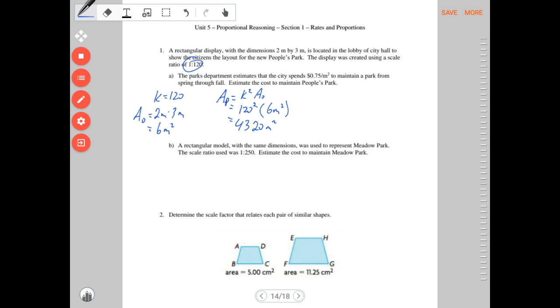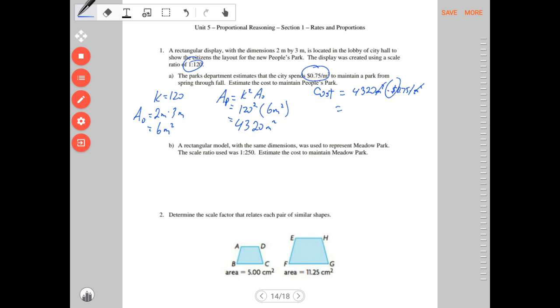That's the area of the park. But to maintain the park, it costs 75 cents per meter squared. So the cost is simply the area times the cost per meter squared. So 75 cents per meter squared. And when you do the math, the meter squared and the per meter squared cancel, leaving us with just dollars.